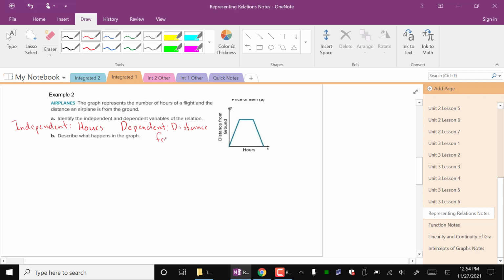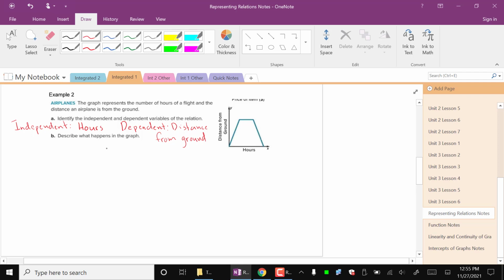Distance from ground. Because we need the hours to determine how far away from the ground the plane is. If we didn't know the hours, we could not determine this. But we just need, the hours are independent. We don't really need anything for those. We could just give an hour and that's all we have to do.